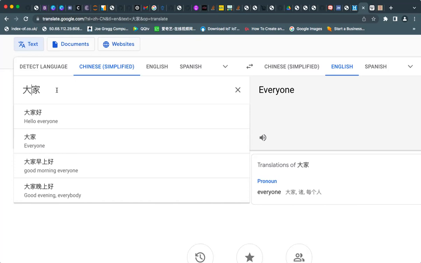I remember Dajia, I think I heard it, but I never thought about it. Dajia, hello, everyone. Ah, yes. Now it's clicking because I'm seeing it written down. Before I would just hear it, but I wouldn't see the writing of it. So now it's making sense.